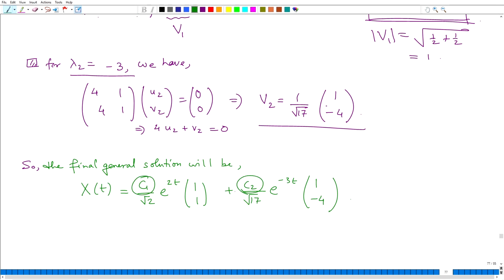To get rid of C1 and C2, you have to somehow use the initial conditions.